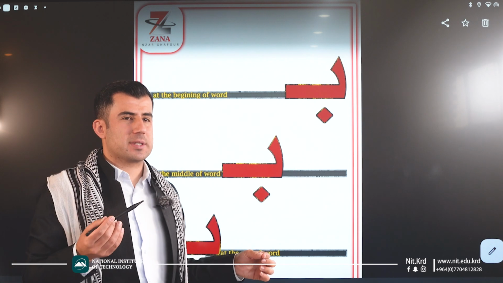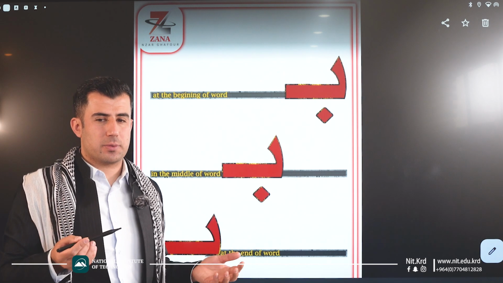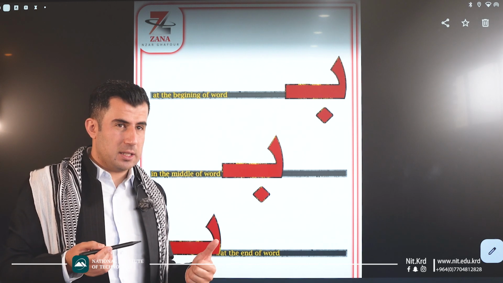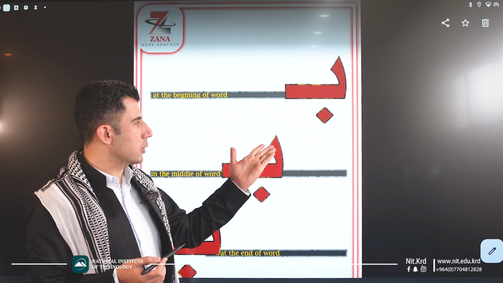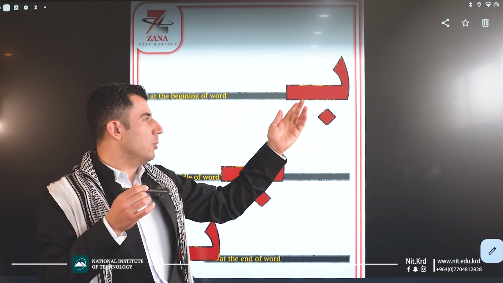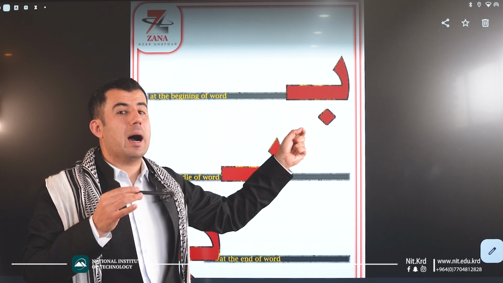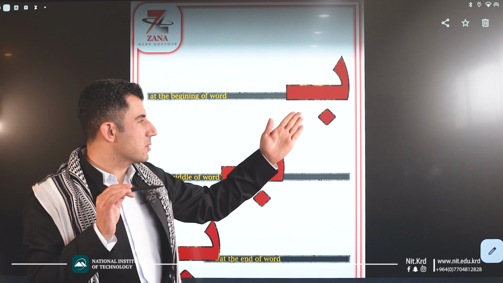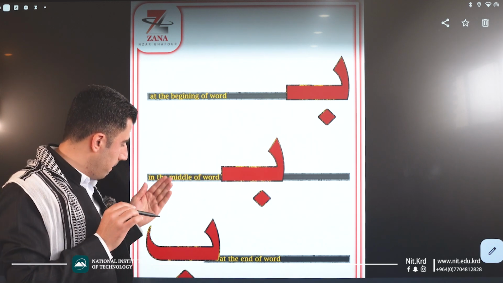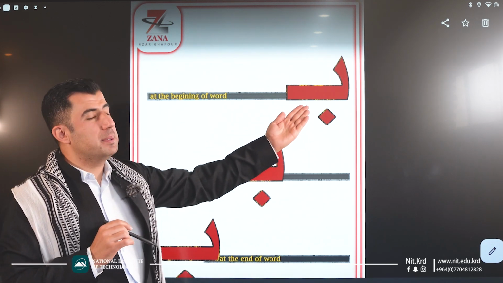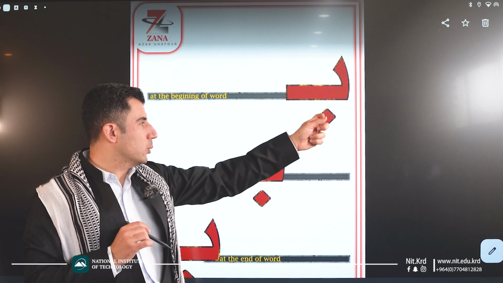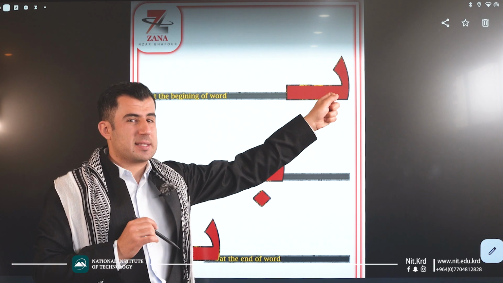Number 3 is B. If we pronounce them like English letters, the name of this letter is Ba, but we pronounce it B. When we write B at the beginning of the word, we have to write it in this shape, this style.